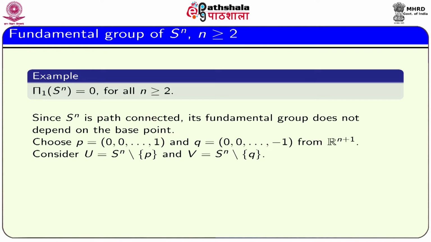One is a point P which has coordinates all zeros and the last component is 1, and the other point Q which has the first n components 0 and the last component as -1. Now we consider U as Sn minus the point P and V as Sn minus the point Q.